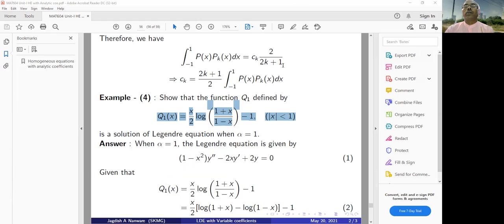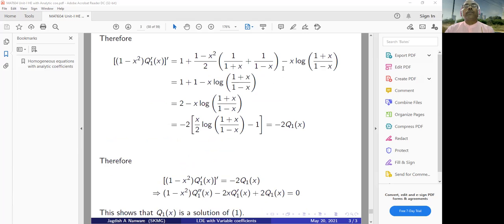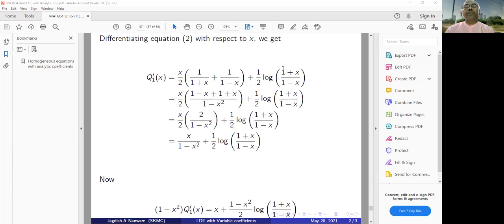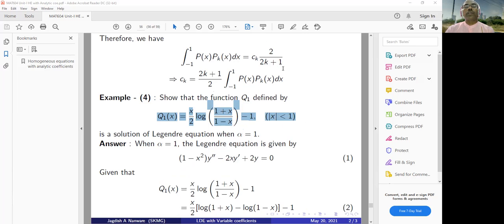So this is q1 of x. Now we have to differentiate this to get the derivative. The derivative of q1 x, q1 dash, is equal to, here we have the product rule: x by 2, where half is a constant, so x into log of 1 plus x.